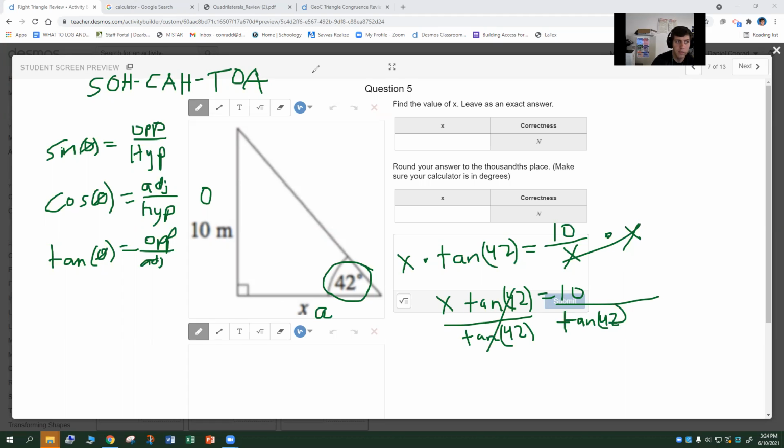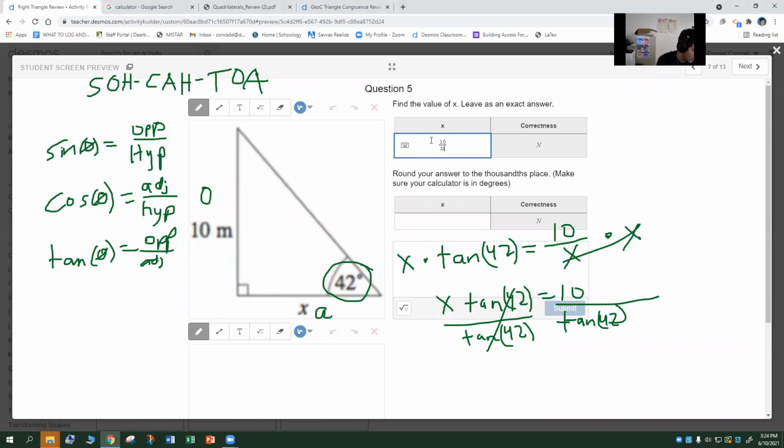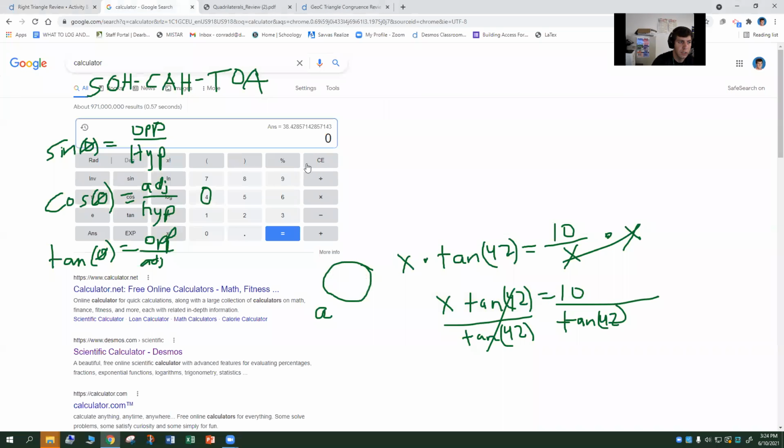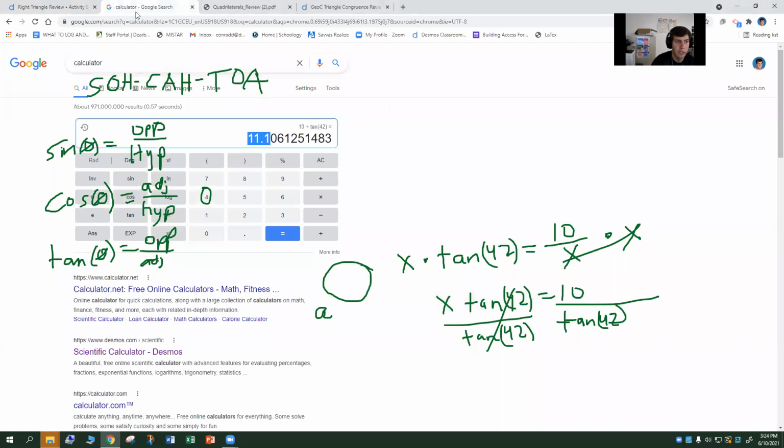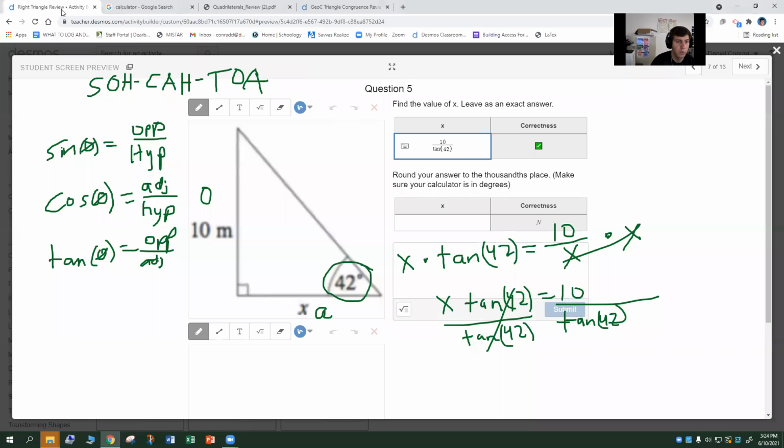Okay, so x is going to be 10 divided by tangent 42. If we put that in the calculator, we're going to put in 10 divided by, make sure you're in degrees, and then we're going to put tangent 42. And that's 11.1. They want thousandths place, so that's 3 decimals, so 11.106.